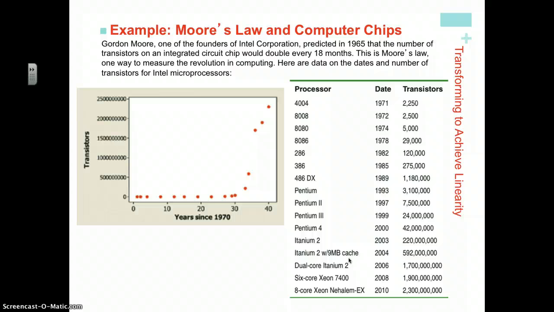So the scatter plot shows the growth in the number of transistors on a computer chip from 1971 to 2010. According to Moore's law, an exponential model should describe the relationship between the variables.